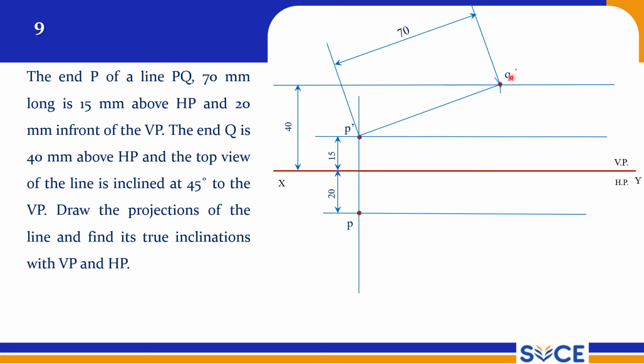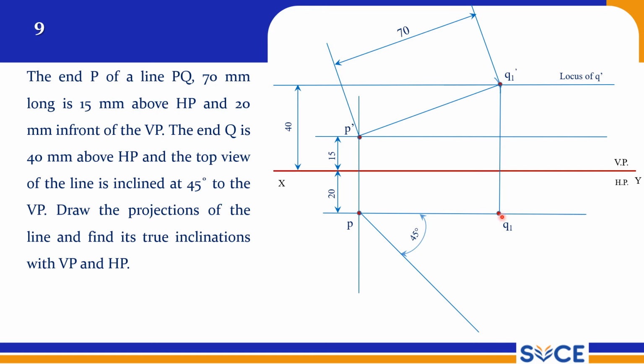Now from Q1 dash, you will get Q1 on the locus of P line. The top view of the line is inclined at 45 degrees, so that is nothing but the beta angle given. Now if we project here, we have to rotate this line to get our final top view.